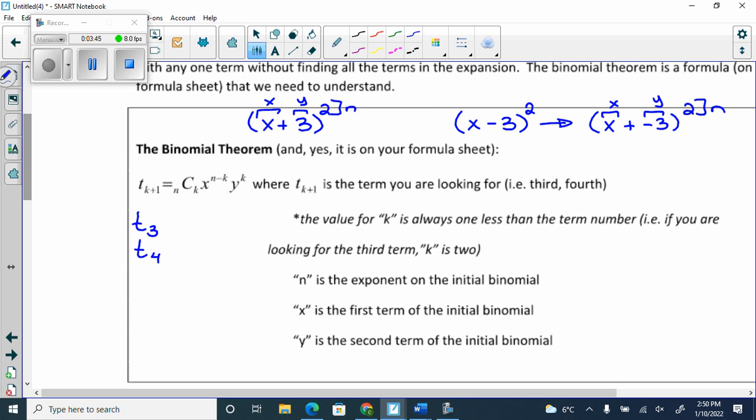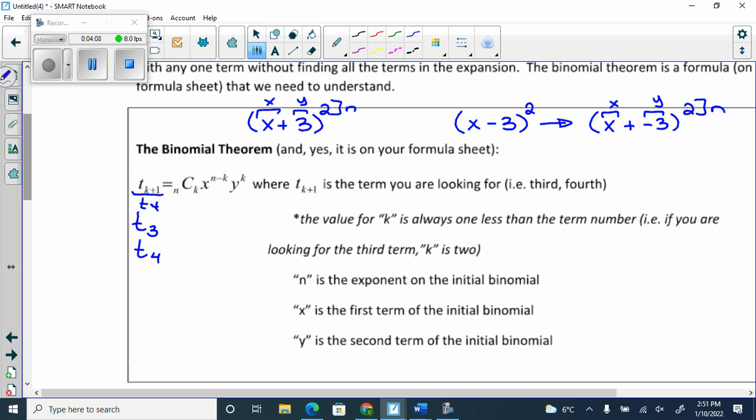Okay? Now the k comes from whatever the heck term you're finding. So say I want to find term 4. Do you see that? Well, I want this to be term 4, let's pretend. In order for this to be term 4, what would k have to be? What plus 1 is 4? 3.